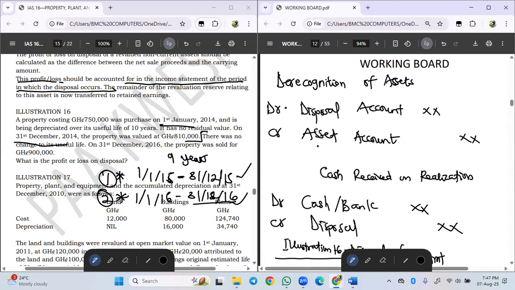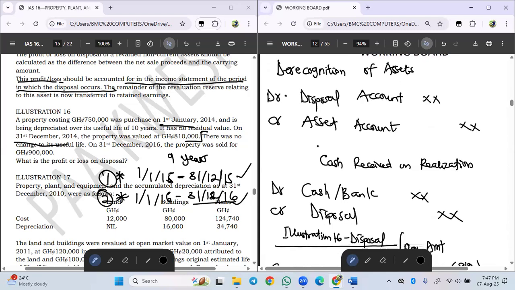So if you look at the double entry here, you debit your disposal account with what? 630. Then credit the asset with what? 630. That means you are derecognizing the asset here, that particular property, from your financial statement.